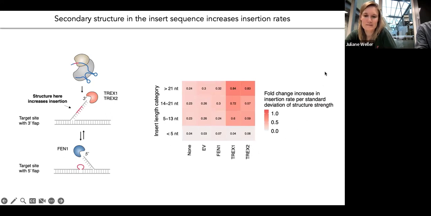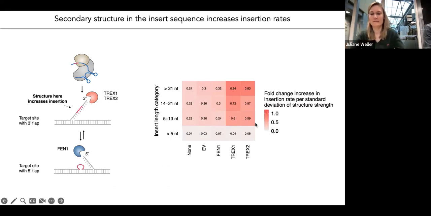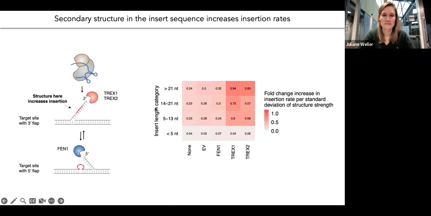But if it was mainly protecting from mismatch repair, you would expect an almost inverse relationship, right? You would expect that for shorter sequences, structure matters more than for longer sequences. But since it matters more for longer sequences, my hypothesis would be that it's TREX related. But again, it's just a speculation.